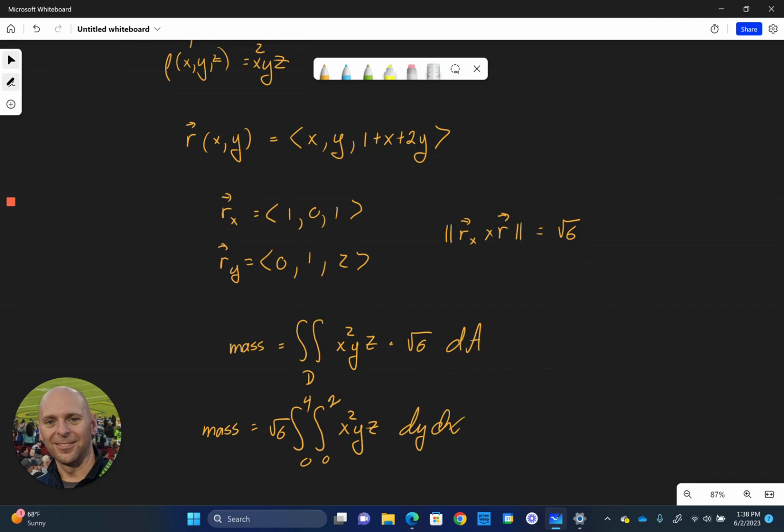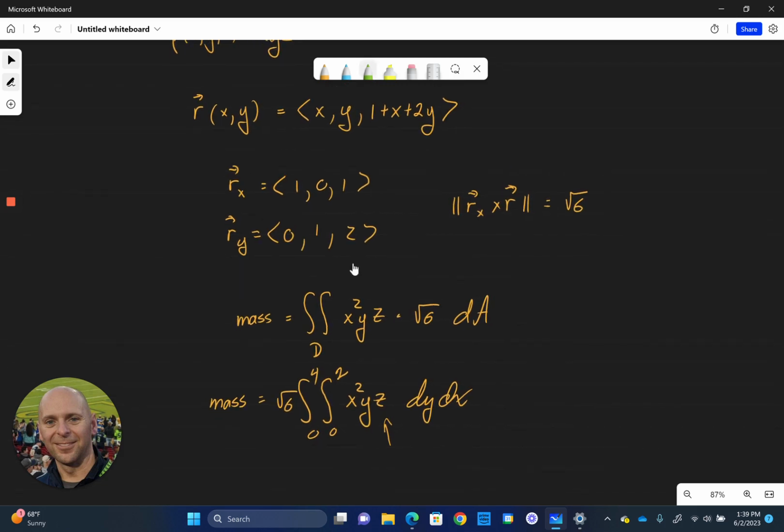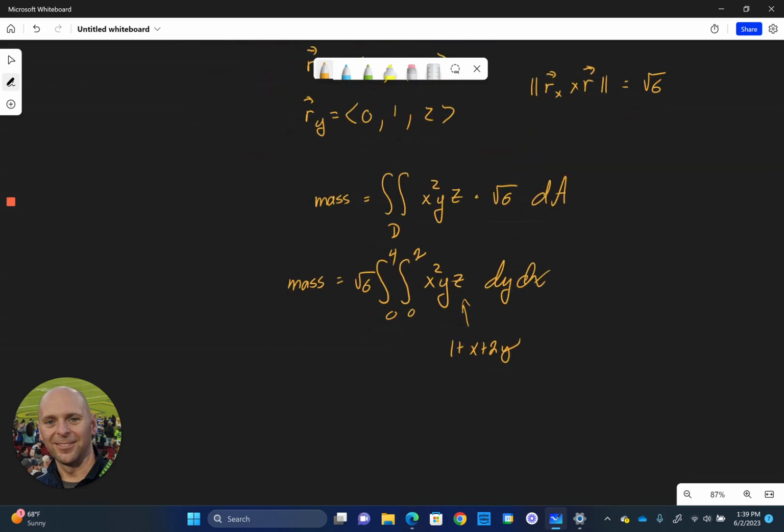And there's only one other thing that we have to do, and we have to remember that our integrand itself also needs to follow the rules of the parametric equation. So z is in fact this surface here, and let's go ahead and sub that in. So 1 plus x plus 2y going in for z in our integrand.